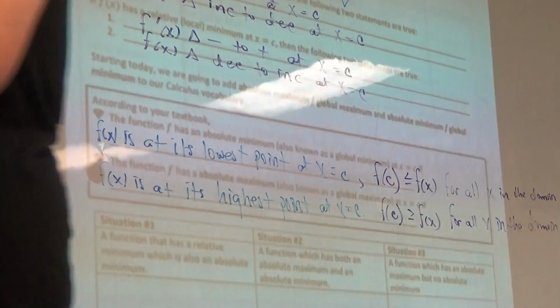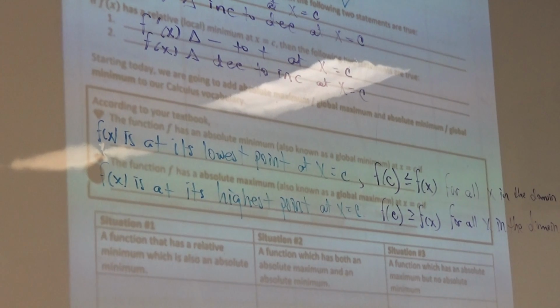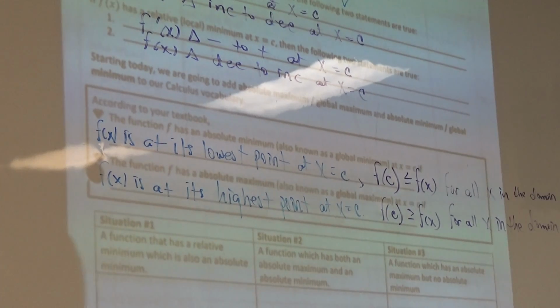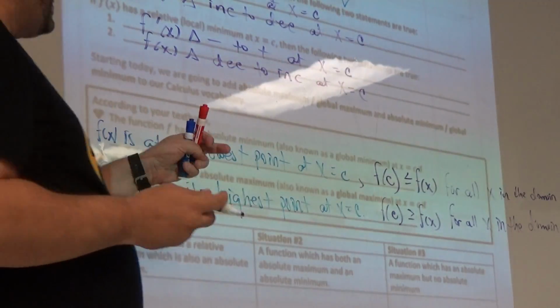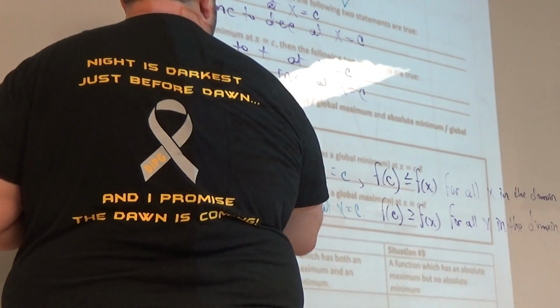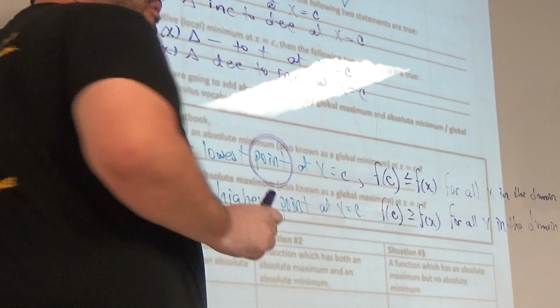Something that I want to make really super clear about absolute max and absolute min. Absolute max is the highest point. I want to emphasize that. It's the highest point. You might want to underline this word point or draw some attention to it. If we're saying that you have an absolute minimum, it actually has to be a point on the graph.